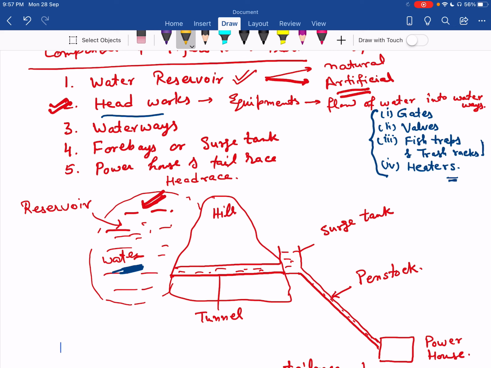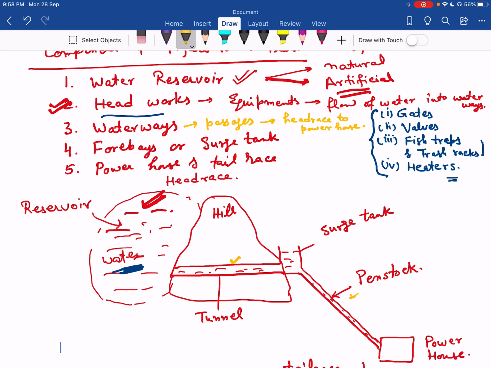The tunnel and the penstock are under waterways.